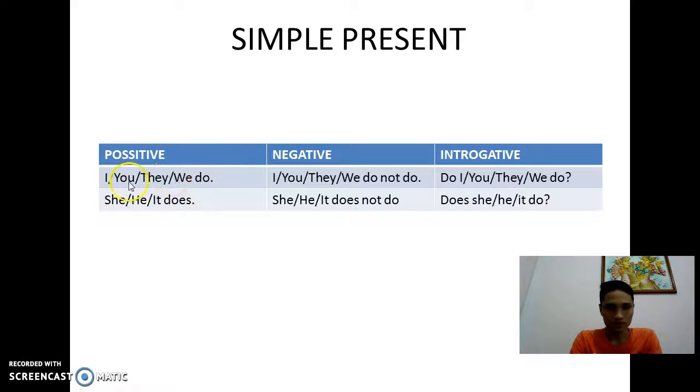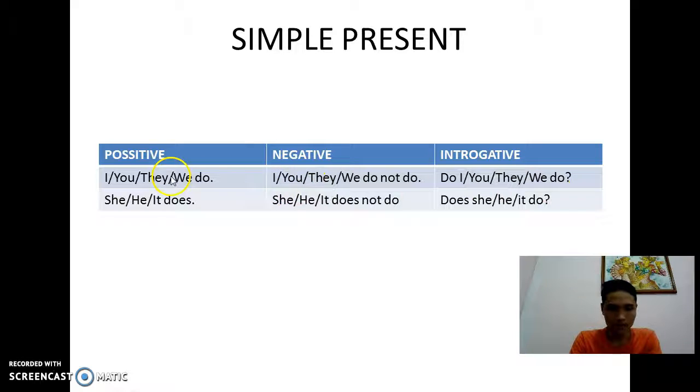I do, you do, they do, we do. And then the negative forms: I do not do, you do not do, they do not do, we do not do. And then the interrogative forms: do I do, do you do, do they do, do we do.